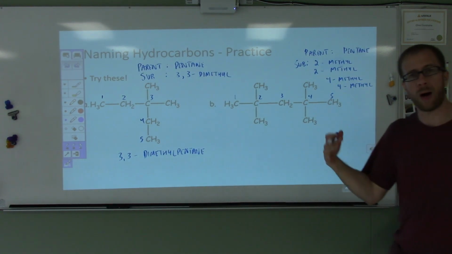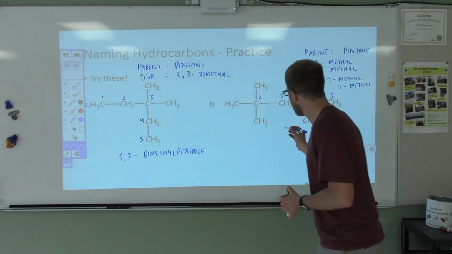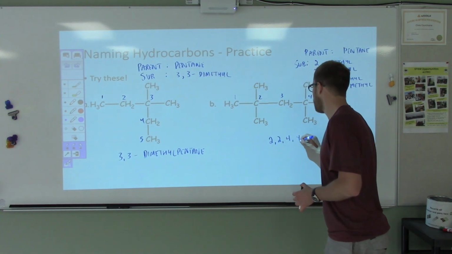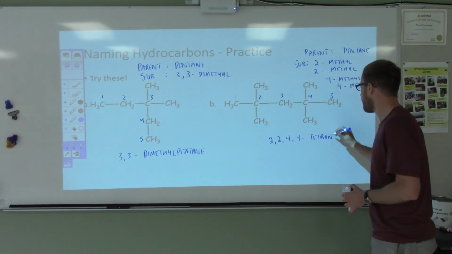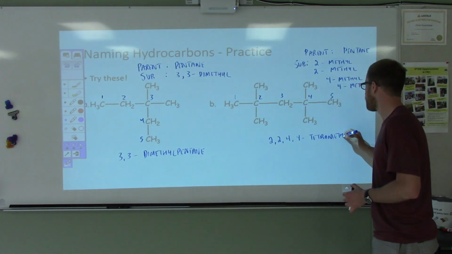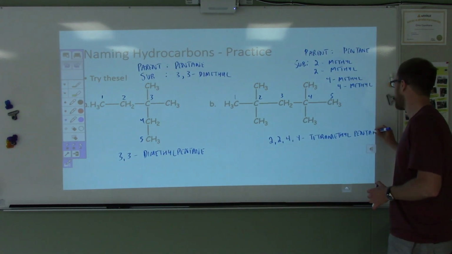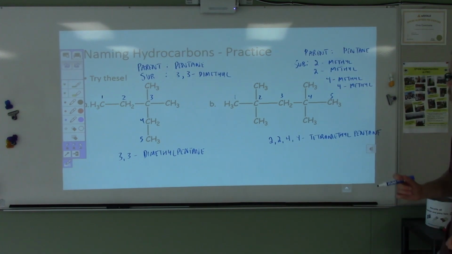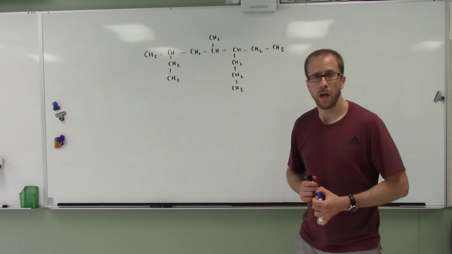Now when we combine this all together, it's going to look a little messy, but it is 2,2,4,4-tetramethylpentane. So again, since there are 4 methyl groups, we do use that prefix tetra.